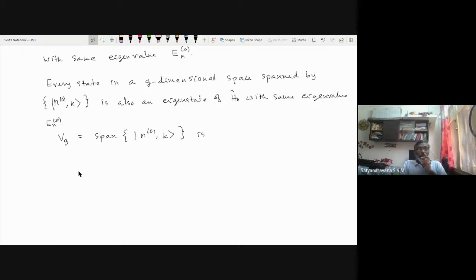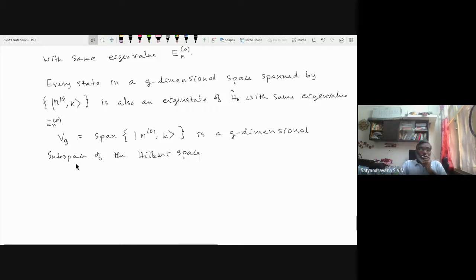It is a g-dimensional subspace of the Hilbert space. This is what I am describing for the unperturbed problem.